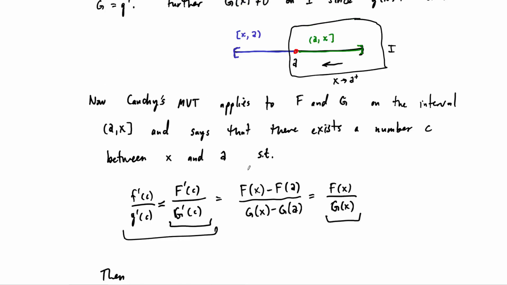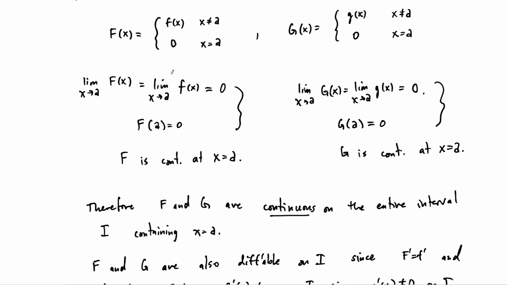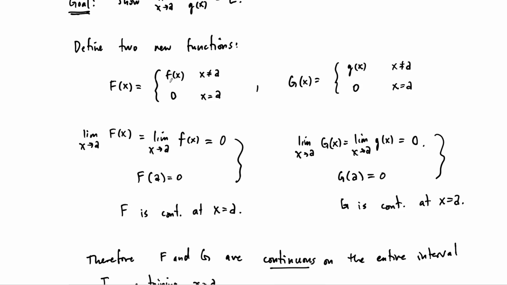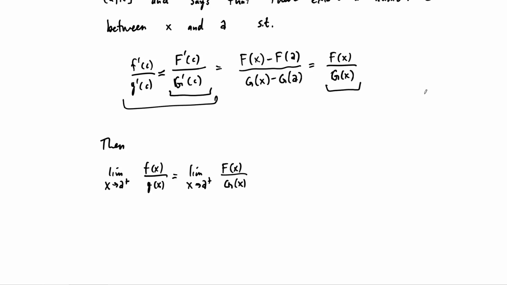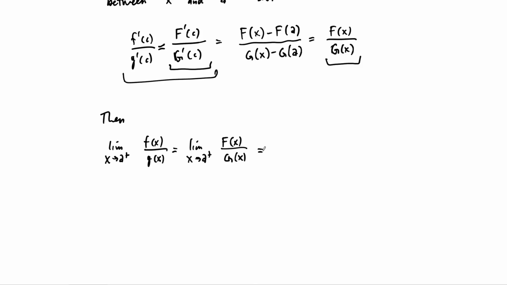Why? Because, again, we already talked about this, right? These functions are equal to the lowercase functions when x is not a, and if we're taking the limit as x approaches a, then we never get to a. So these are equal.